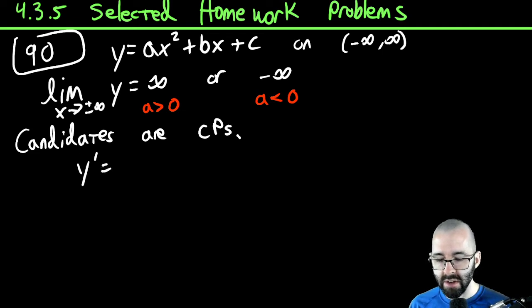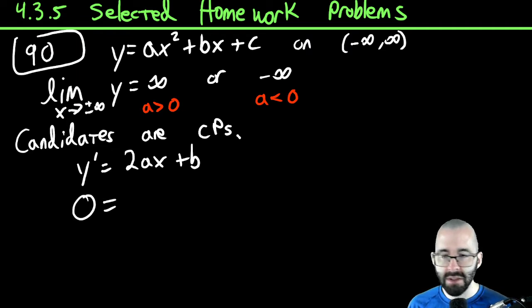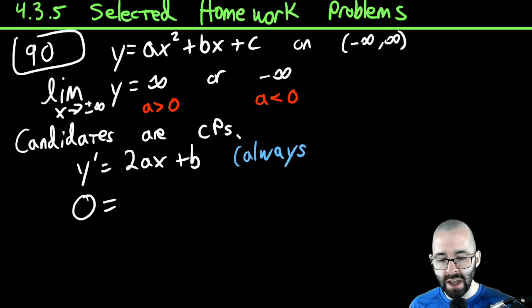So find the derivative and see when it's undefined, and see when it equals 0. Take the derivative with the power rule. Remember that a and b and c are all constants. It's always defined, so we only have critical points when the derivative equals 0.